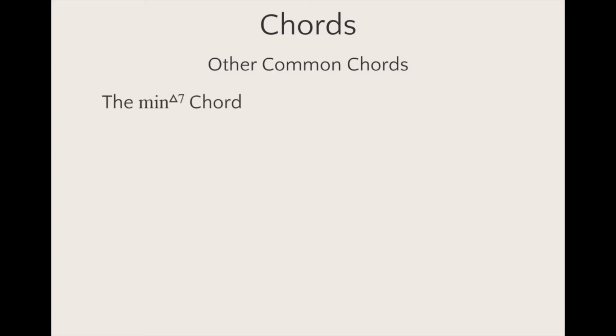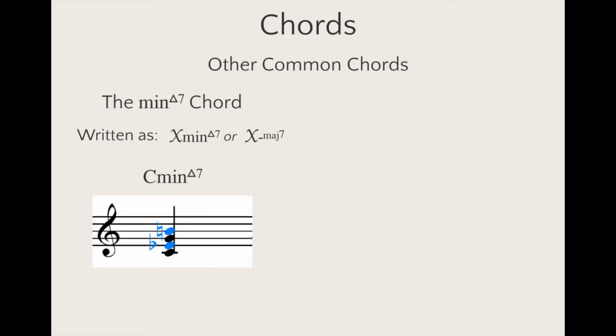Let's look at some of the other common chord types and how you use the chord symbols to spell them. Another common chord symbol is the minor with a major 7th. You can write it either as a min with a triangle 7 or minor sign with a major 7. The first of these spellings is the most common. In this example we have C minor major 7.